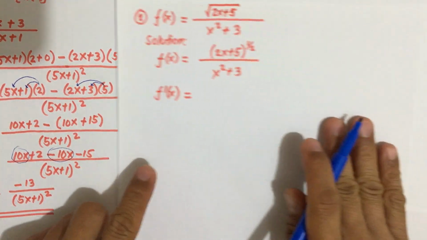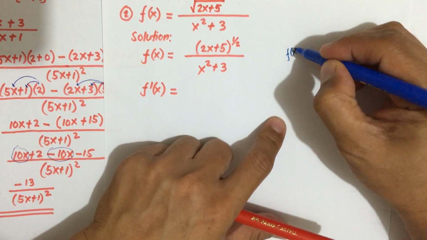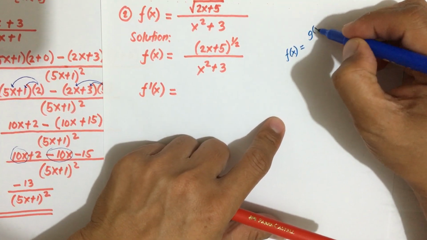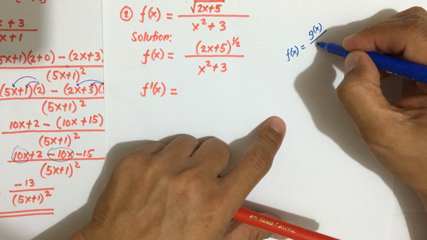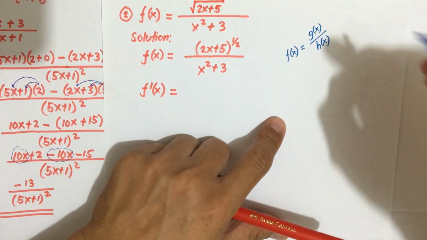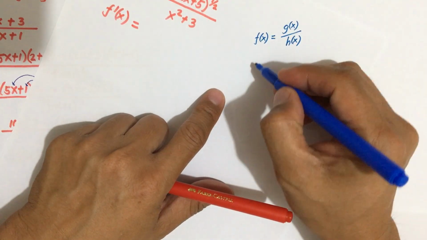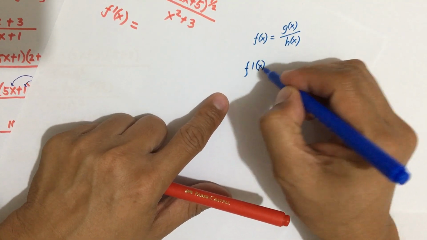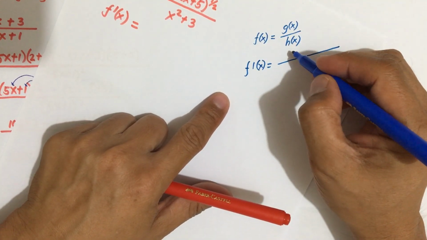If you have, say, f of x equal to some function of x divided by some other function of x, to find the derivative of this, f prime of x is equal to, you just copy the denominator.